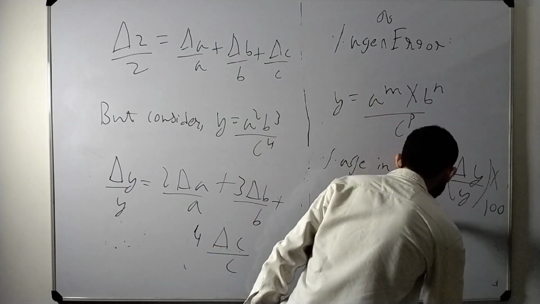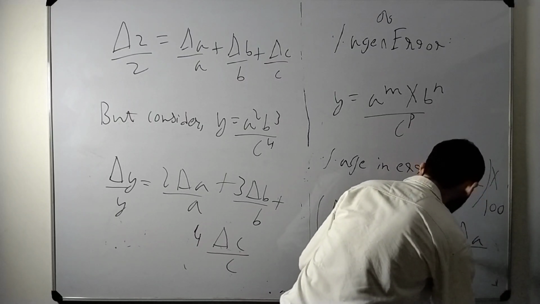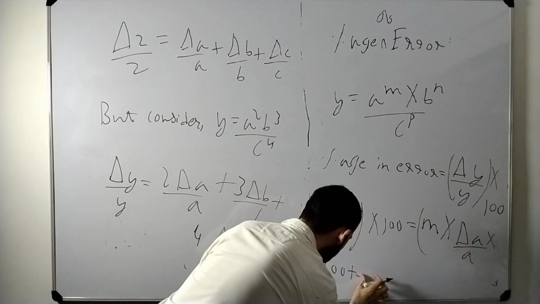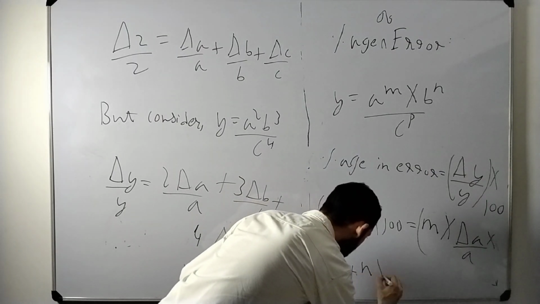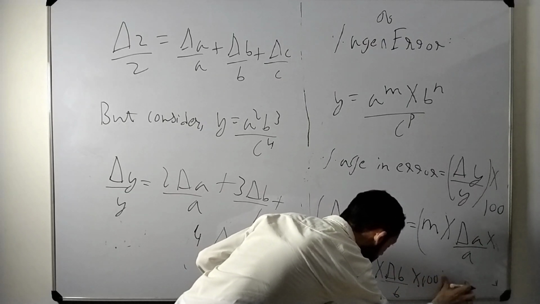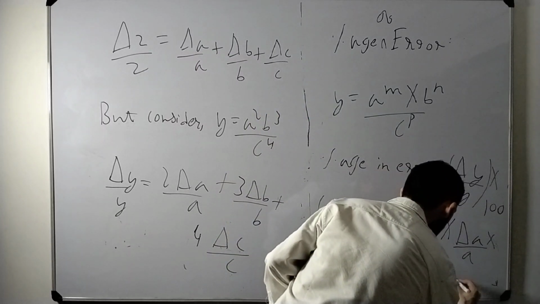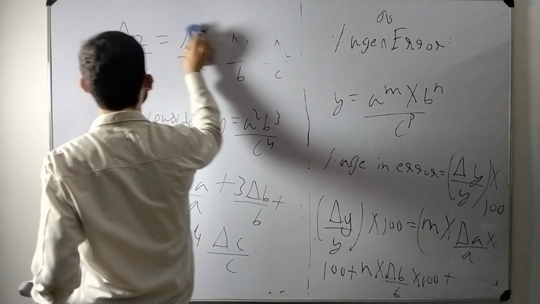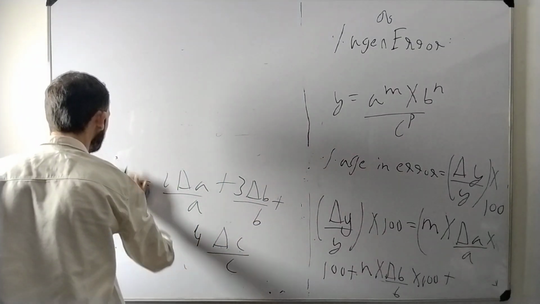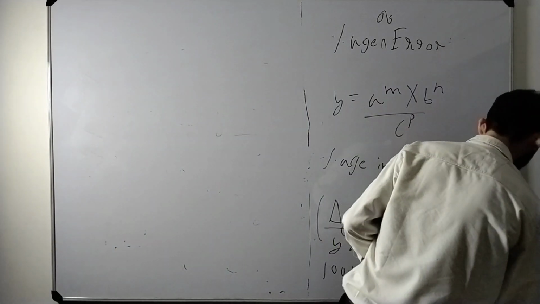m del A upon A into 100, students. Then what would we write, students? n del B upon B plus, what, students?